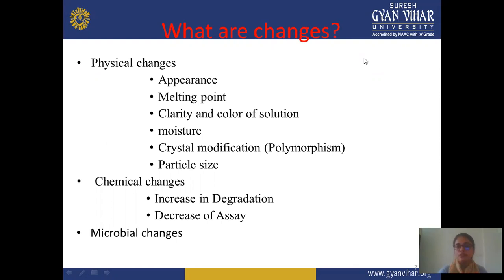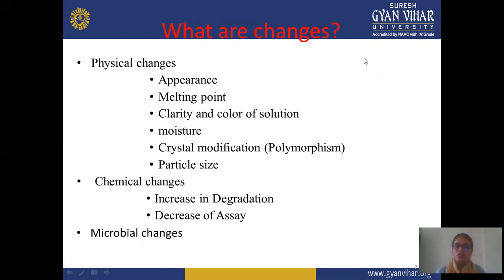In this condition, you assure that the clarity of your formulation should be clear, and suppose you prepare a transparent gel and during storage it changes color and converts to maybe a creamy or orange color, and this is mainly about the physical changes. So you know all these physical parameters and check the clarity and color of the solution.